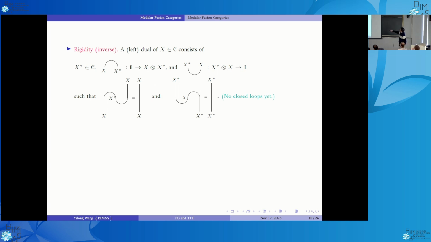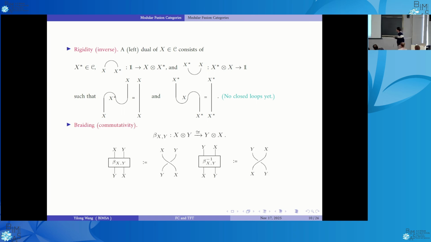So this says this cup tensor with identity composed with this cap before is the identity of X, and likewise for X star. So that means I can draw strings in the plane, and I can straighten them. Okay, so we can perform topological moves.